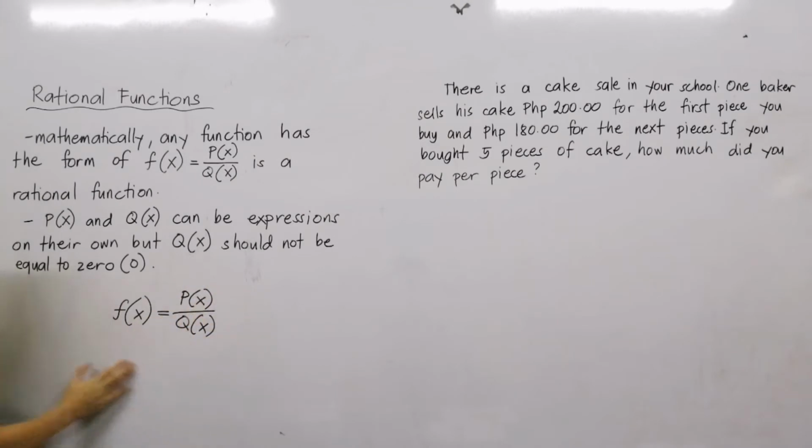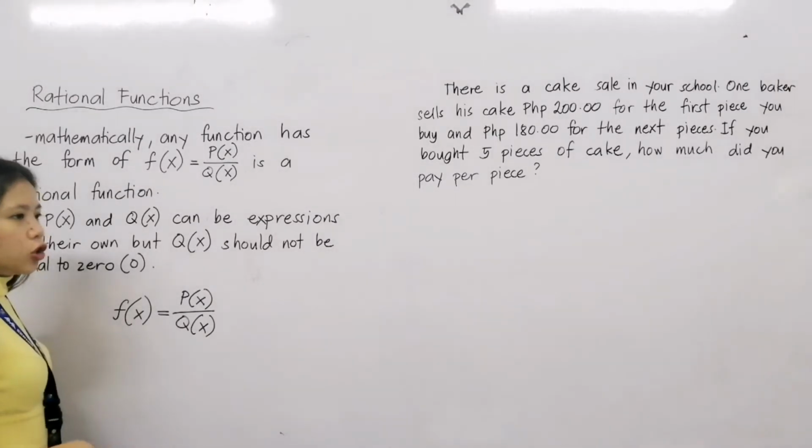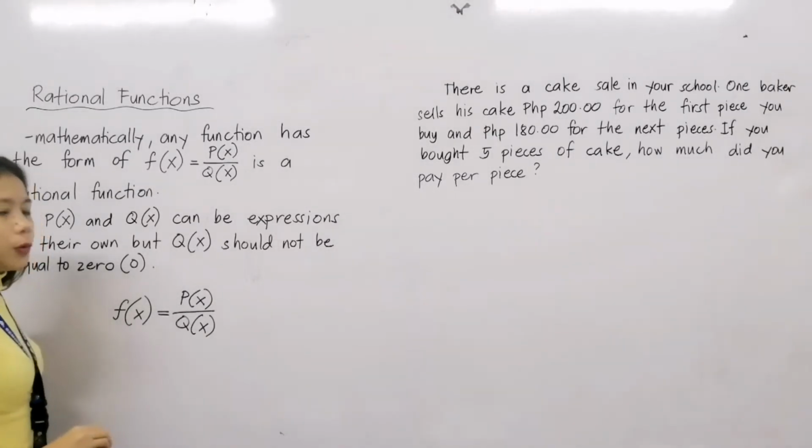Having this standard form of the rational function, how do we represent a particular rational function considering a real-life situation or scenario?